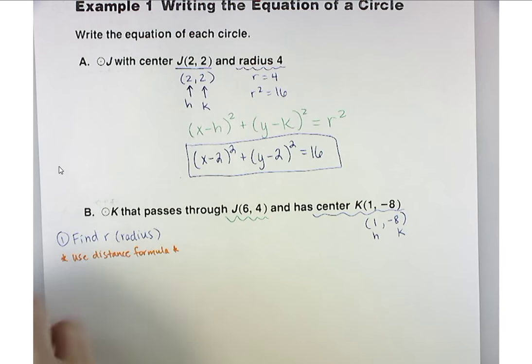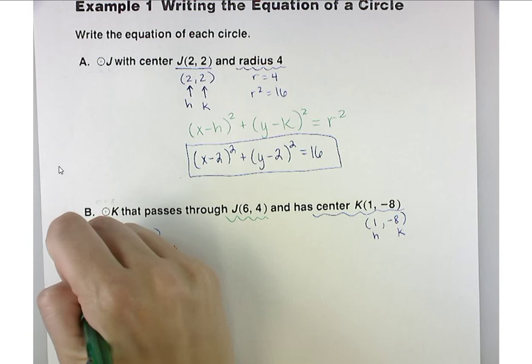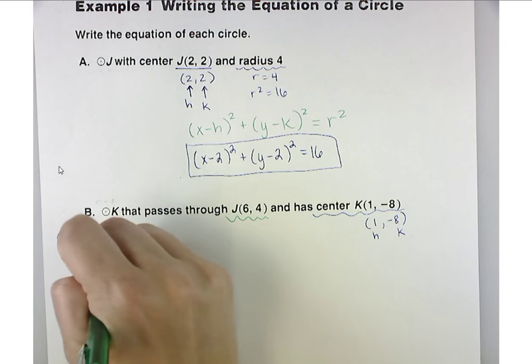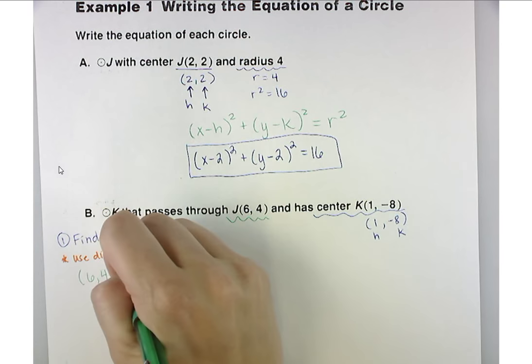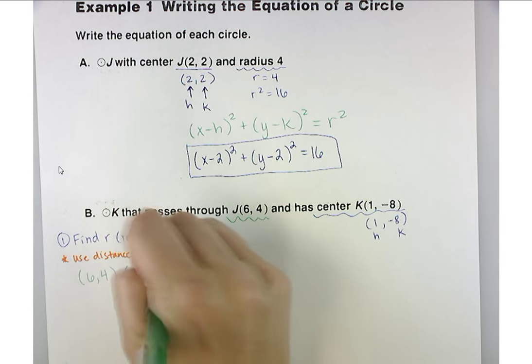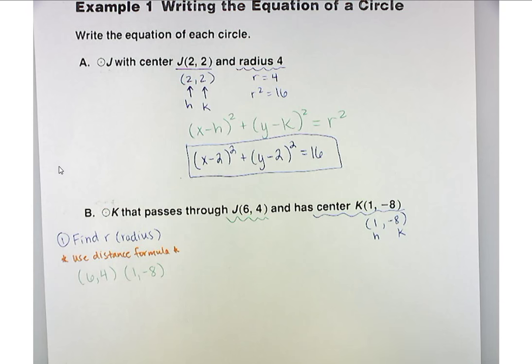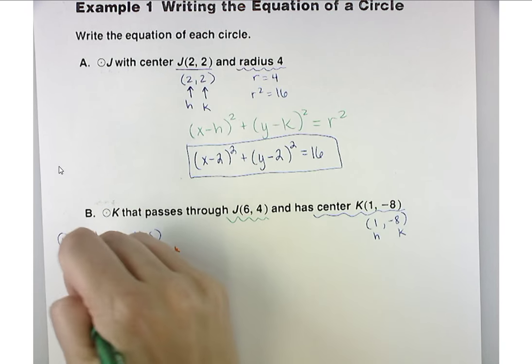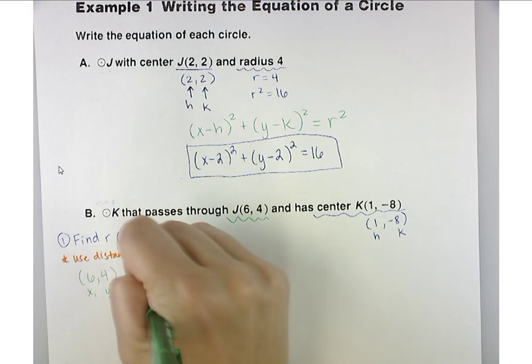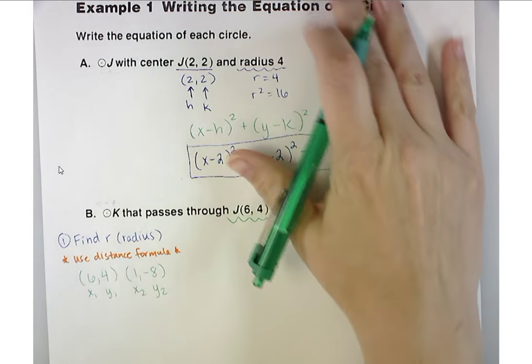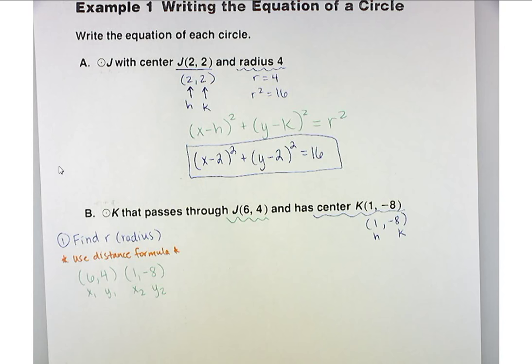And so we can use our distance formula to find out what our radius is by finding the distance between this point and the center. Because remember, the radius goes from the center to any point on the circle. So this is my x1, y1. This is my x2, y2. And then do we remember how to set up our distance formula?